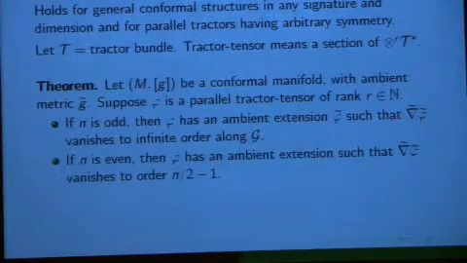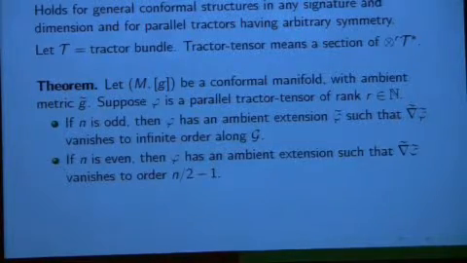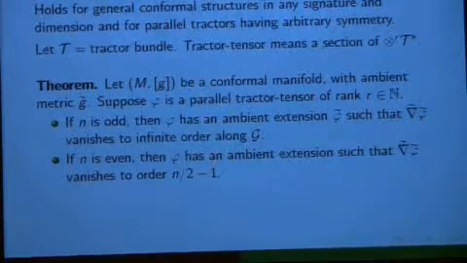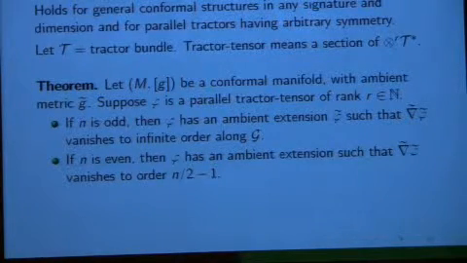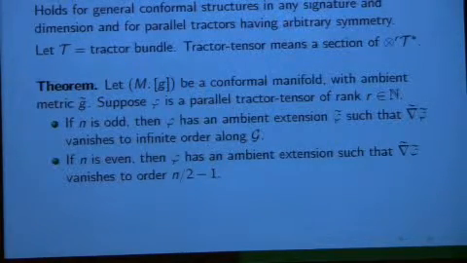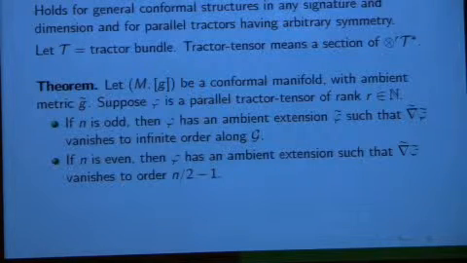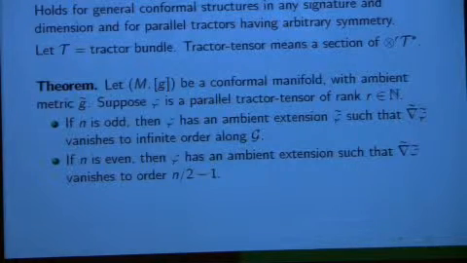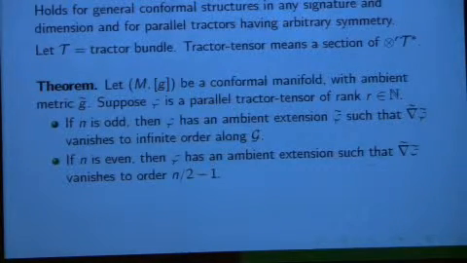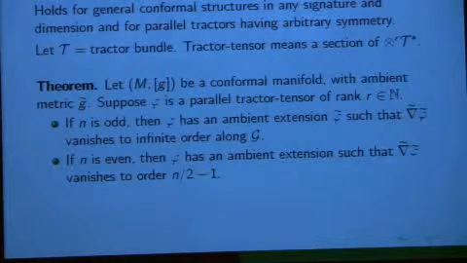And in even dimensions, there's an obstruction analogous to the obstruction for the metric at order n/2 minus 1. This holds for arbitrary symmetries, arbitrary conformal structures, and so forth. In the case where the data is real analytic, the ambient extension is real analytic, and therefore it's actually parallel in some neighborhood.